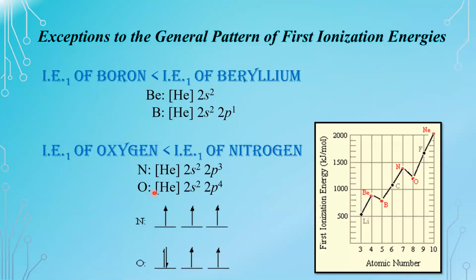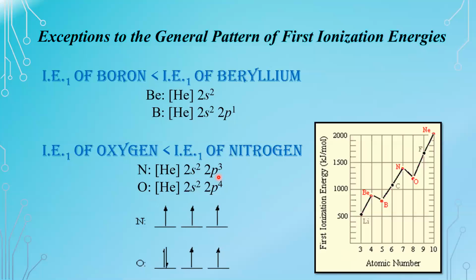So whenever we talk about ionization energy, we need to check the electronic configuration. We need to check how electrons are present in the valence shell. Here in nitrogen, it is 2s2 and 2p3.